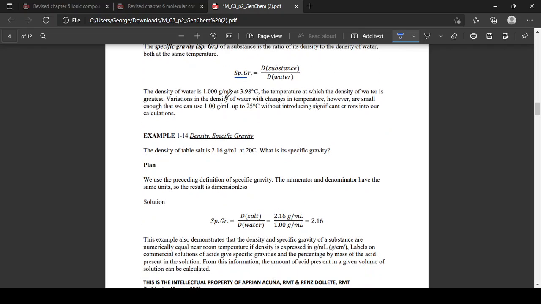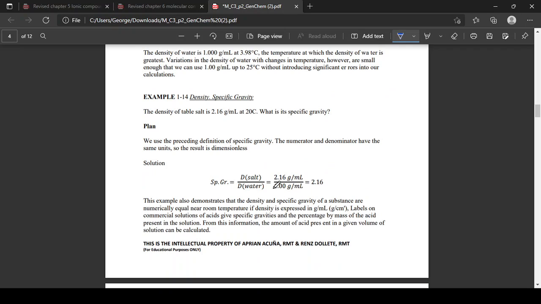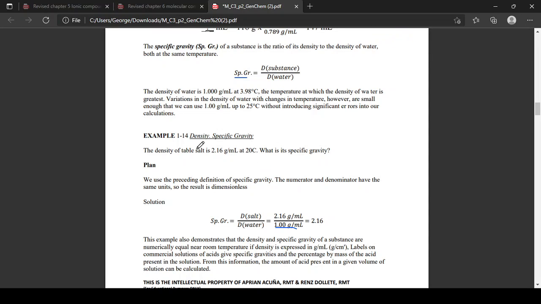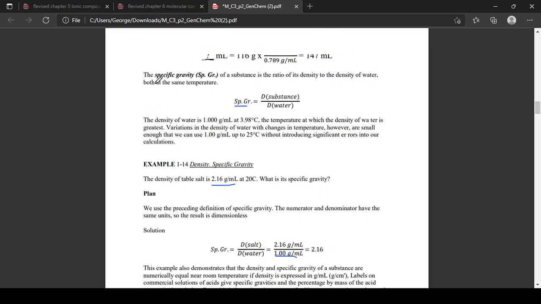And simply, it tells us that you have a constant. Ang water, again, has a constant rate of 1.00 grams per ml. And your density of your substance is dependent on what you are given in a problem. For example, ang salt is sa problem 2.16.